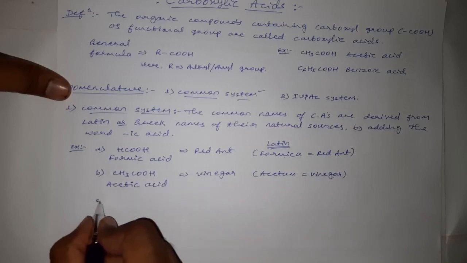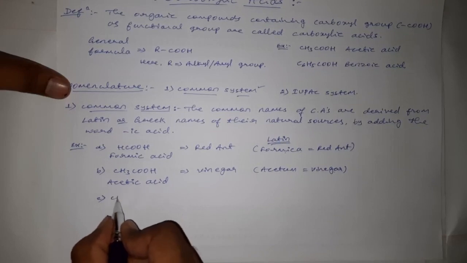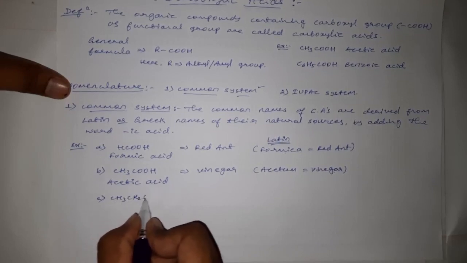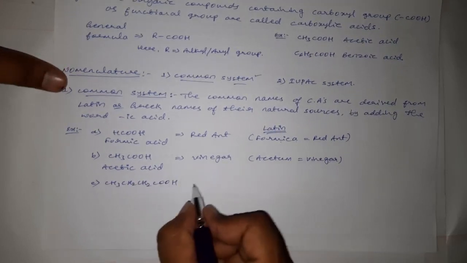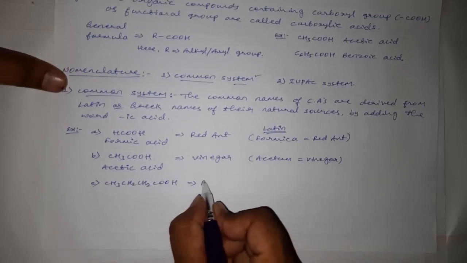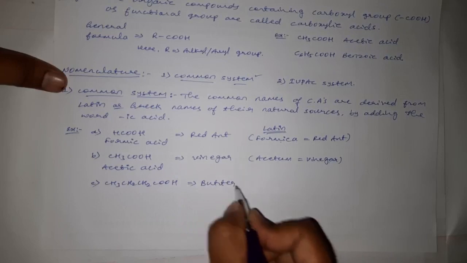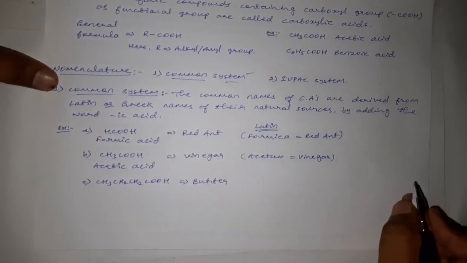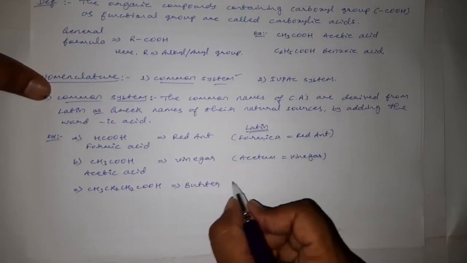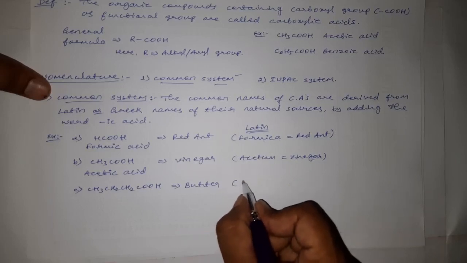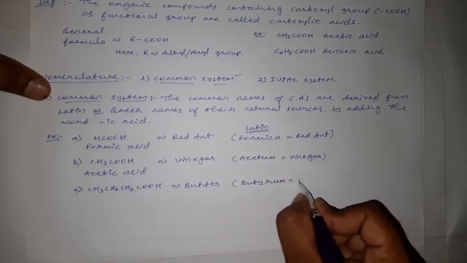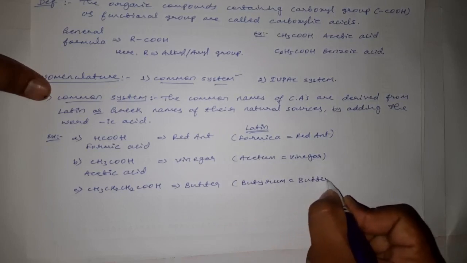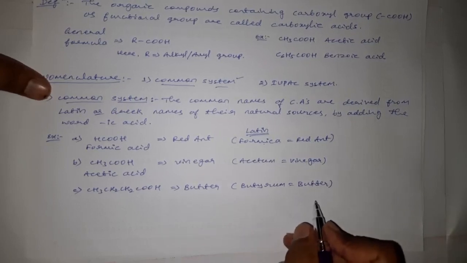Like that, we can write CH3CH2CH2COOH, and its natural source is butter. Its natural source is what? Butter. And in Latin, butyrum means butter.